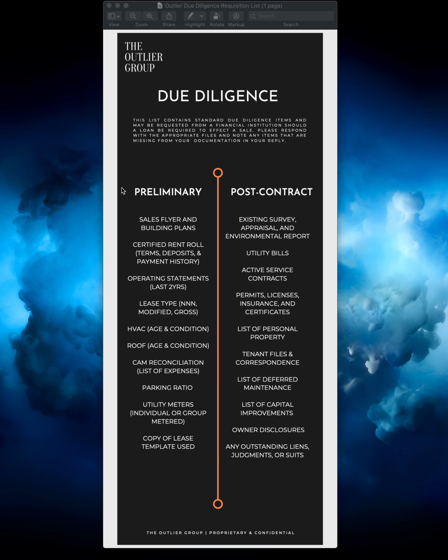So prior to contract, you're looking for your basics: sales flyer, building plans, rent roll, right? Based on income property, you're going to want a rent roll, and that'll give you their terms, deposits. All of that's information that we need to know in order to see what liabilities we're taking on if we represent the purchaser, and what you're going to be taking on if you're listing the property.